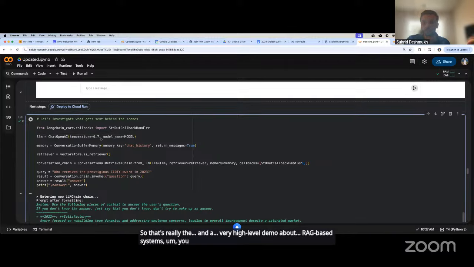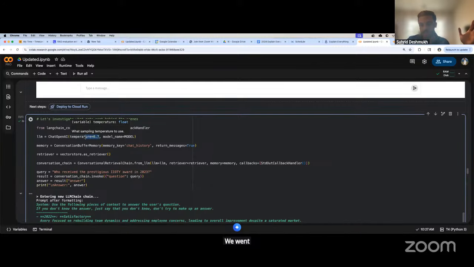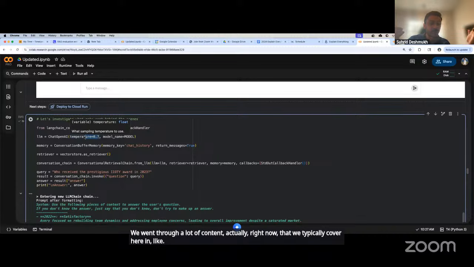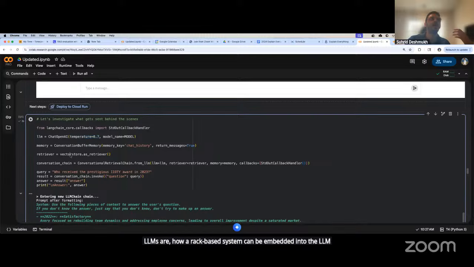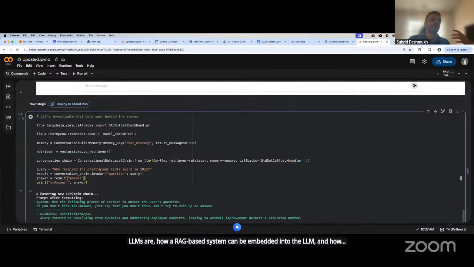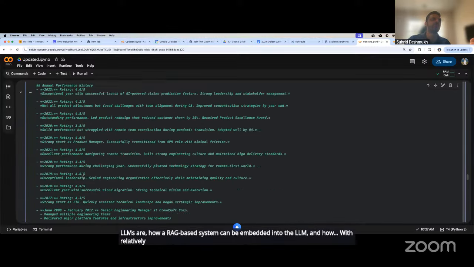You have multiple different parameters. We went through a lot of content right now that we typically cover in a 5-hour session over multiple weeks. But hopefully I gave some intuition on what LLMs are, how a RAG-based system can be embedded into the LLM, and how with a relatively small amount of code, you can get something that is pretty powerful.